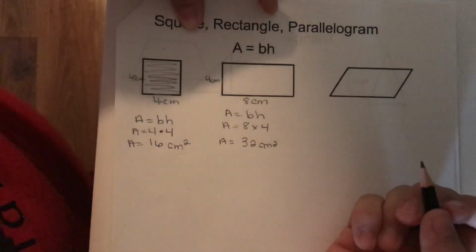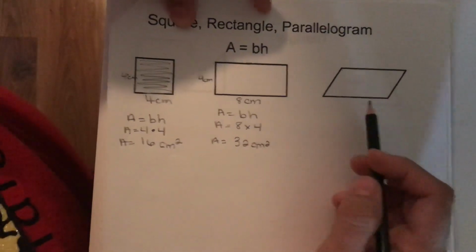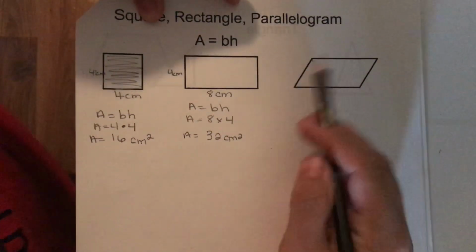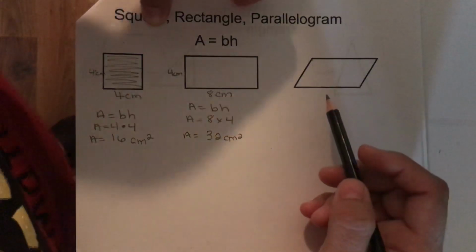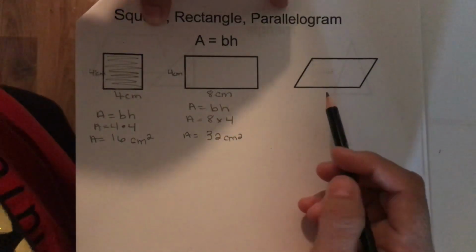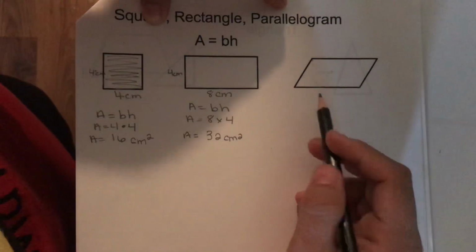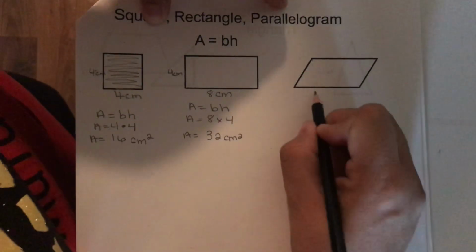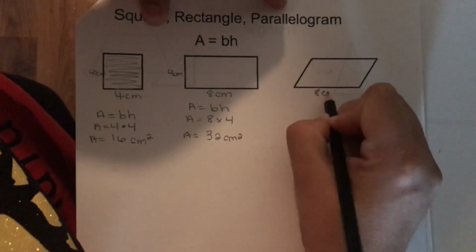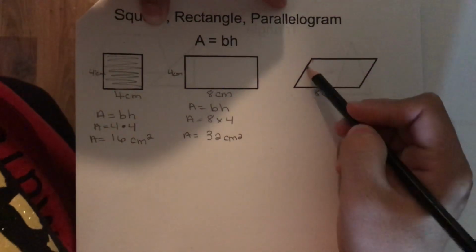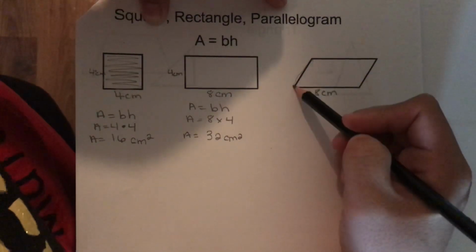Okay? Now, one really important thing, so if we move on to our parallelogram, something very important that you should know is that you have to be very careful with the height. So let's say the base was 8 centimeters also. Here. A lot of people will think that this is the height right here.